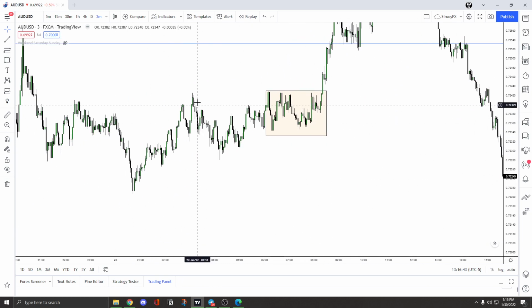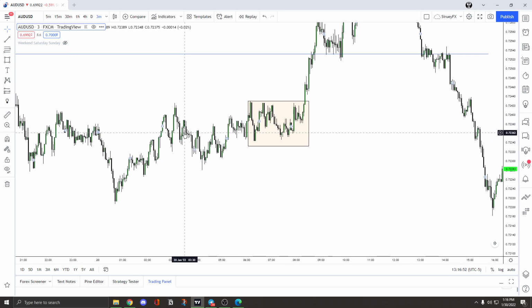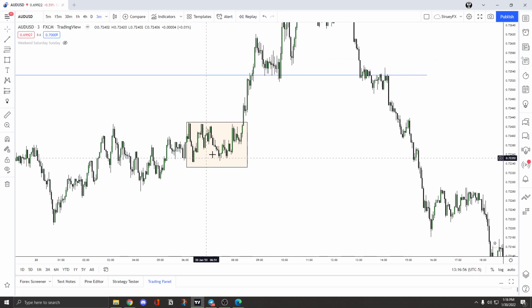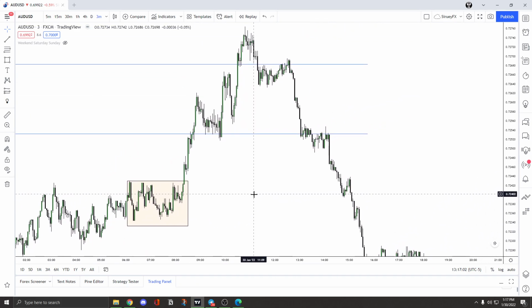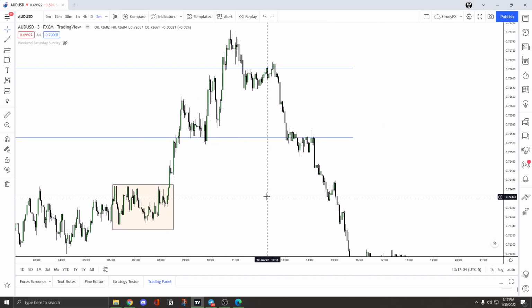So I don't have to be looking to short inside of this and look for a market maker sell model here. I don't have to be gambling in a sense or hoping that price hits my TP or that price is going to attack the sell side liquidity. I don't have to be praying or hoping or gambling. It's more of a systematic approach where, all right, I'm going to spot a fair value gap.